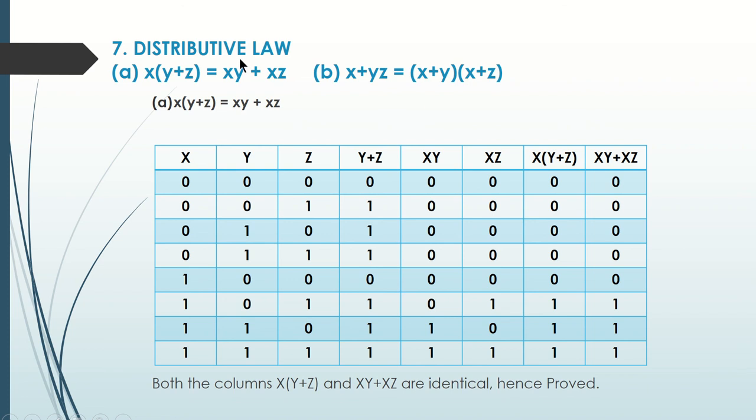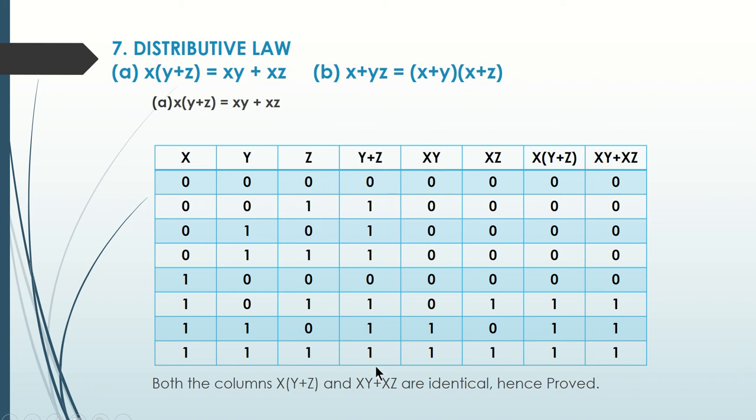Distributive law: state and prove the distributive law. The distributive law states that x of y plus z is equal to xy plus xz. Now this is the truth table for the same. In the truth table there are three inputs x, y, z, and first you have to write the 8 different combinations. Next I am calculating y plus z: 0 plus 0, 0 plus 1, 1 plus 0.